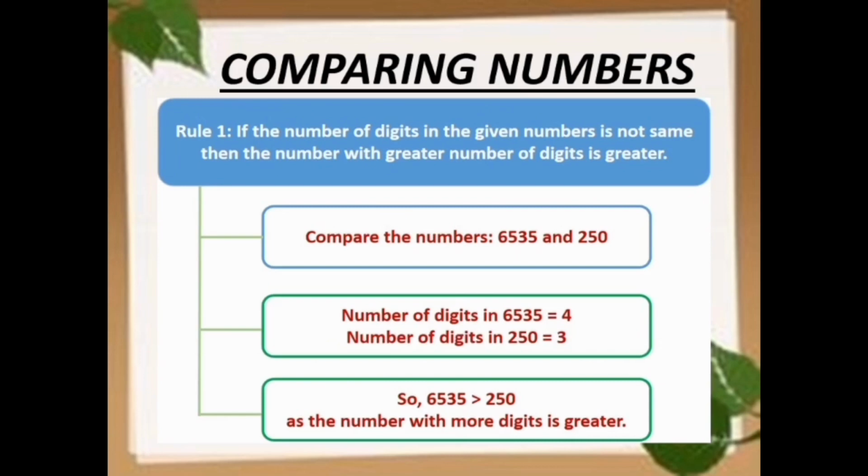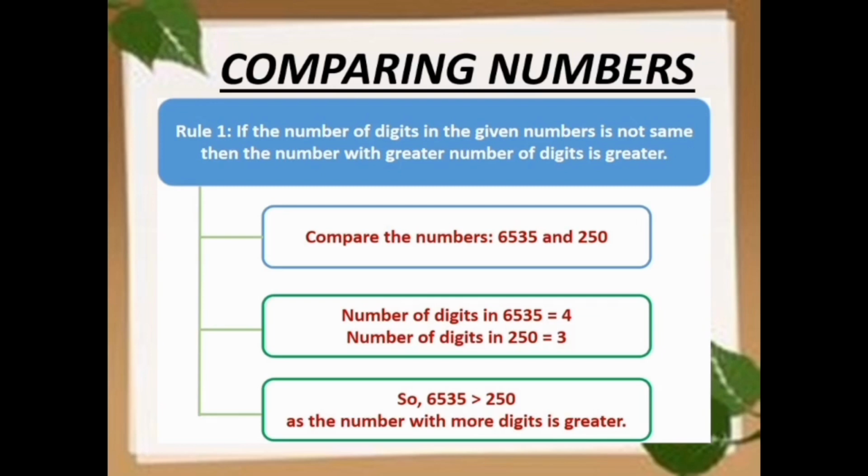Rule number 1 says that if the number of digits in the given numbers is not the same, then the number with the greater number of digits is greater. Here one example is shown: compare the numbers 6535 and 250.